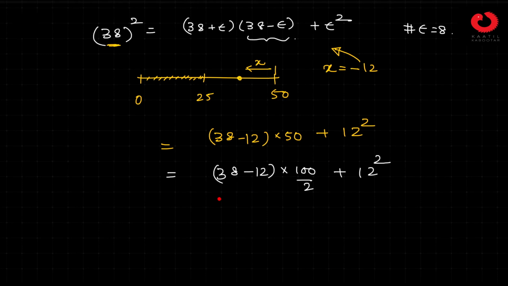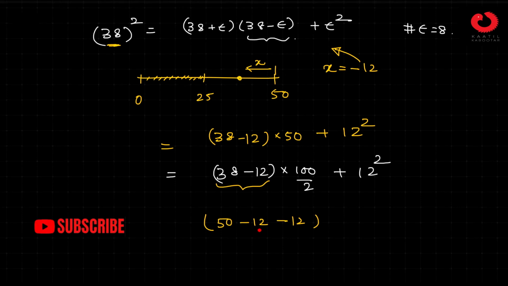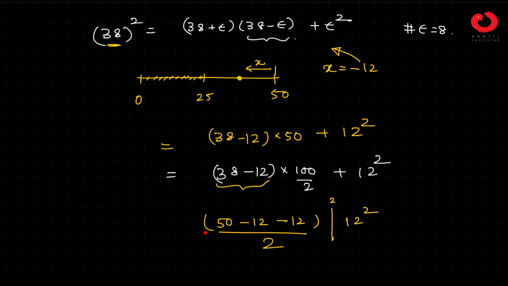So now this term, I can write it as 50 minus 12 minus 12. Means this 38 I have written as 50 minus 12, and this minus 12 is minus 12 by 2. And now this 100, I will write like this as 2. Now this is the concept of balancing line. Writing 2 over here means that if a line has 2 written over here, then it has two meanings.